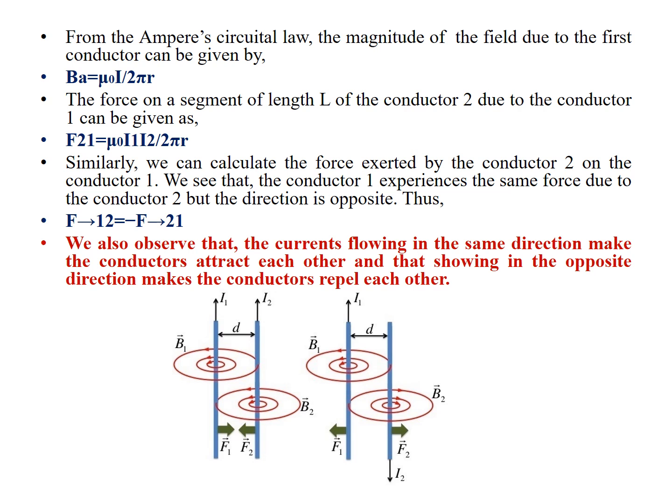Thus, we can write the relation F12 equal to minus F21. We also observed that currents flowing in the same direction make the conductors attract each other, and currents flowing in opposite directions make the conductors repel each other.